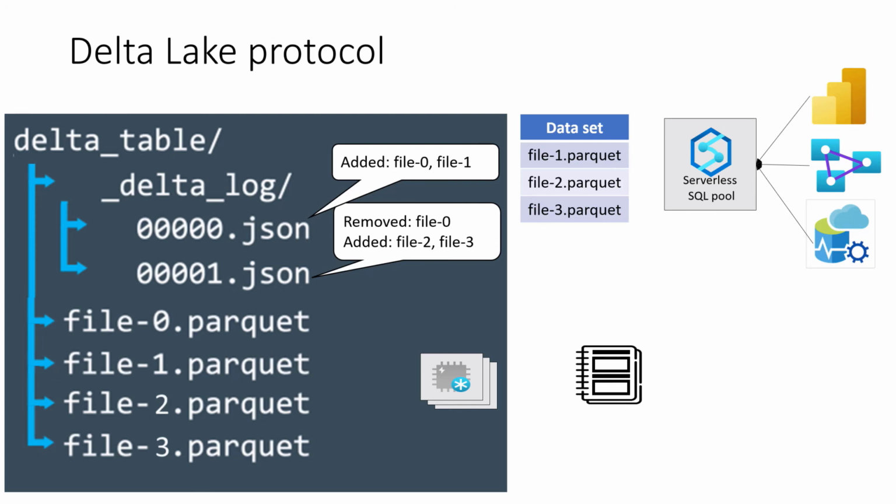This way, whenever you do update, any reader can see that some files are valid, some files are invalid. So Spark pool can do updates without need to physically delete old files from the folder. And any reader like Serverless SQL pool will just know what are the latest files that it needs to read in order to return the latest data to the clients.